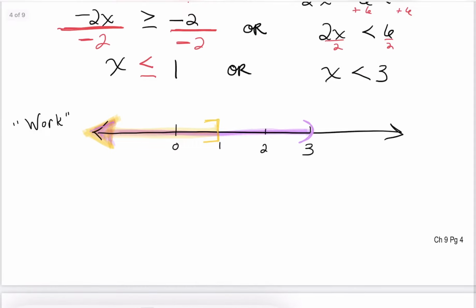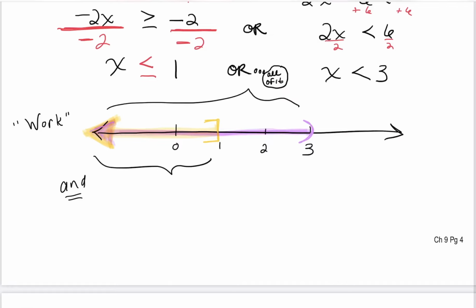All right, so what do we think about when we use the word or? Well, or is synonymous with union, and so or means we take all of it, anything that is in either the first set or the second set. So if it had been and, just as a quick comment, it would be the overlap, it would have just been everything up until the 1, everything that got shaded twice.